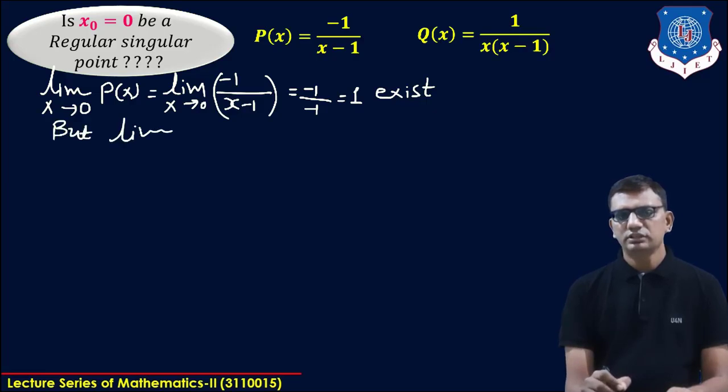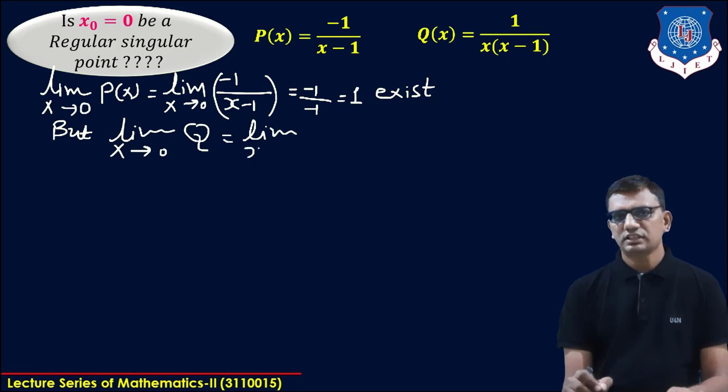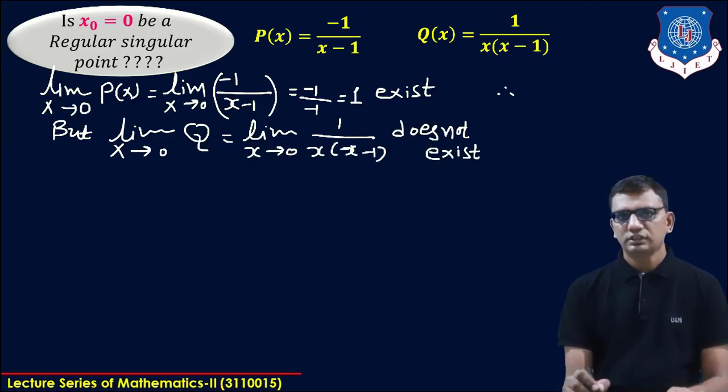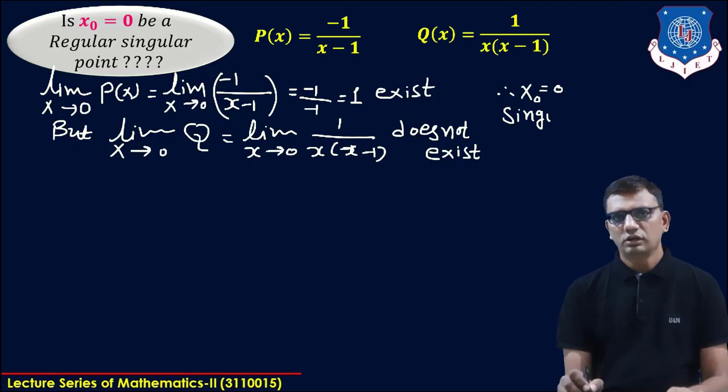But limit x tends to 0 of q(x), that is limit x tends to 0 of 1/(x(x-1)), does not exist. Therefore x0 is a singular point of the differential equation.